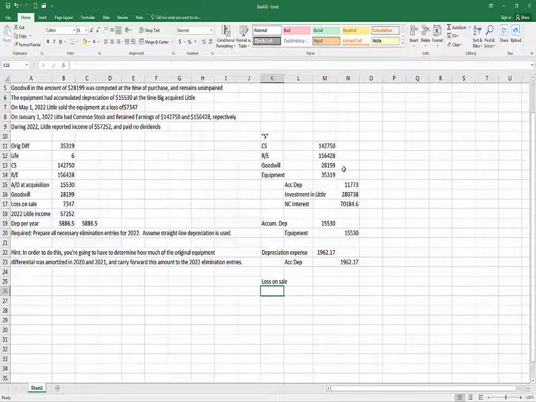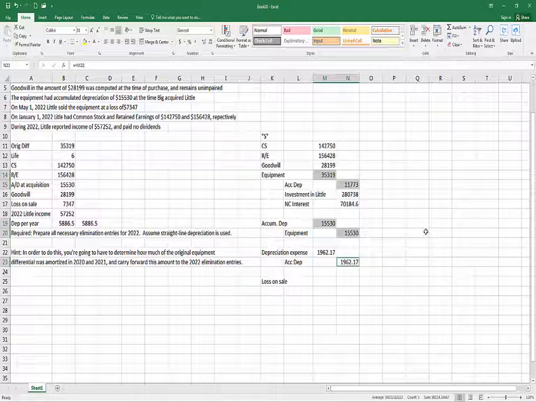How are we going to get that number? Well, basically, this asset's been sold. All evidence that this asset exists needs to be eliminated from the balance sheet. So we've got those five little boxes that I've highlighted there. Those are all debits and credits to either the equipment or the accumulated depreciation.